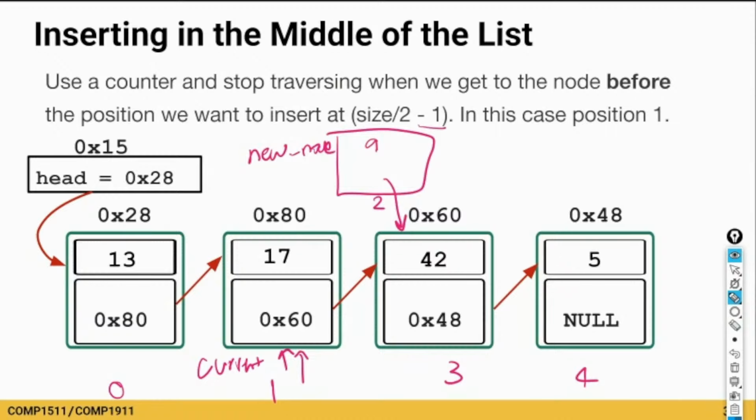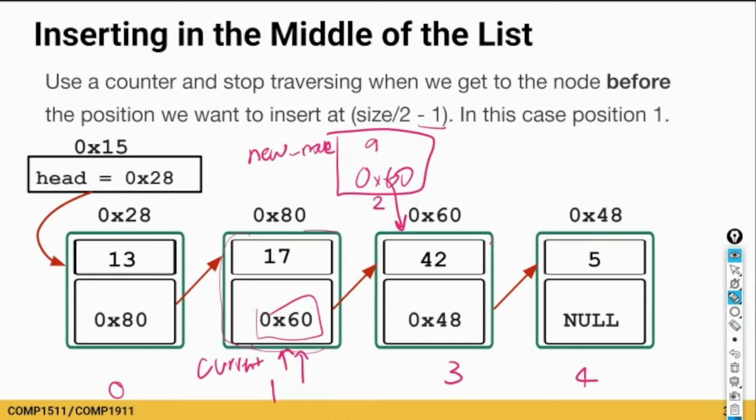What would this be called? So current is this node here. What's this node? Current next, yeah, current next. So we would want this address 60, which we would get from current next. So the one after the current one is the next one we want after our new node.